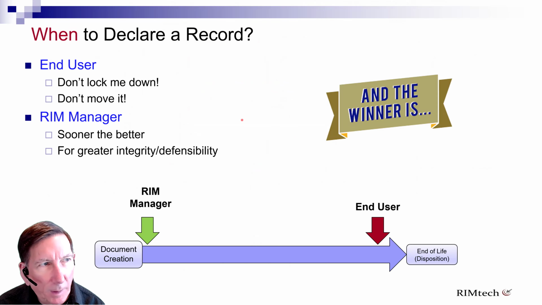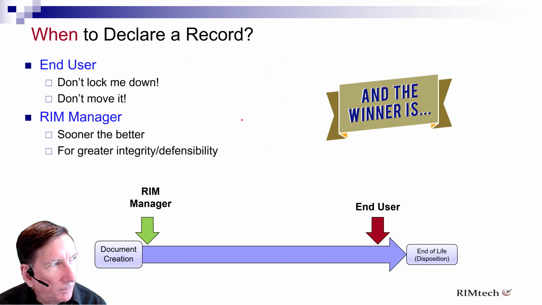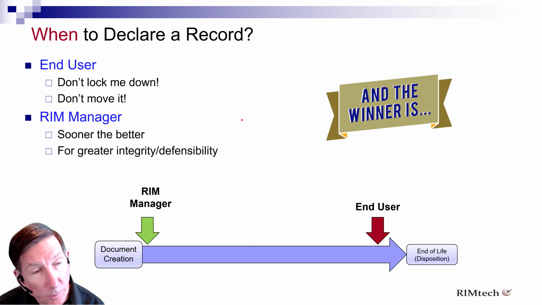Because there's a problem here, which is the end user really doesn't want anything locked down. Think about this scenario. They put a document into SharePoint and it becomes a record, let's say that day. So a few days later, they're walking down the hall and somebody points out a massive mistake in the document.